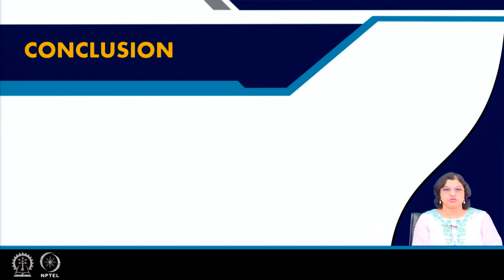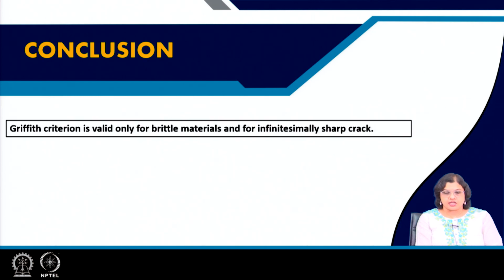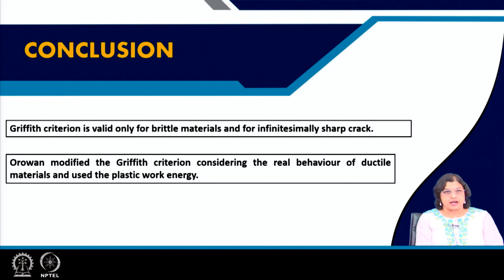So, this leads to the conclusion for this part of the lecture, which says that the Griffith criterion is valid only for brittle materials and for an infinitesimally sharp crack, and that Orowan has modified the Griffith criterion to make it suitable for the behavior of ductile materials, particularly metals and polymers, for which there is a significant amount of plastic deformation.